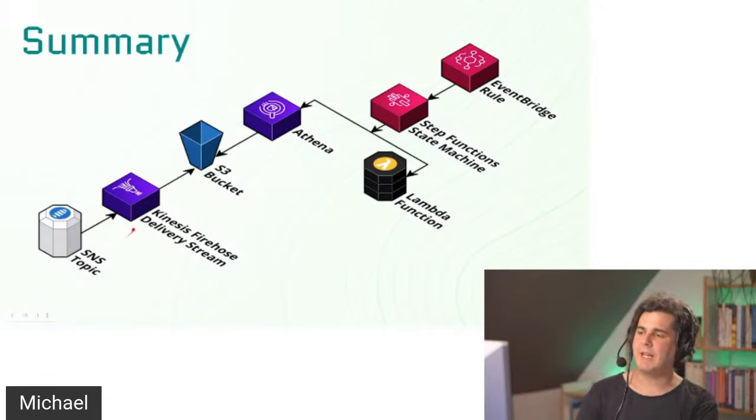Then, as mentioned, Kinesis Firehose writes to S3 in chunks. So in my case, it's files up to 128 megabytes in size, or every 15 minutes. And then we look at this data with Athena, and luckily Athena produces CSV files out of the box. So the resulting table is always stored as a CSV file in an S3 bucket. And then I have these optional components here at the top, where we trigger a step function every day using an EventBridge rule.